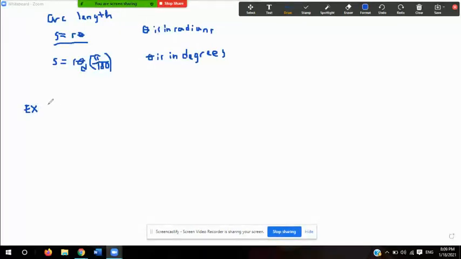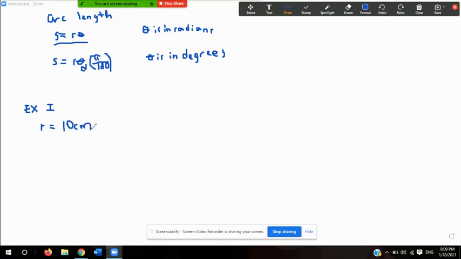So R in this case is 10 centimeters. It is very important that we always map out the information that the problem is giving us, so that it is easier for us to work and find the solution quicker.